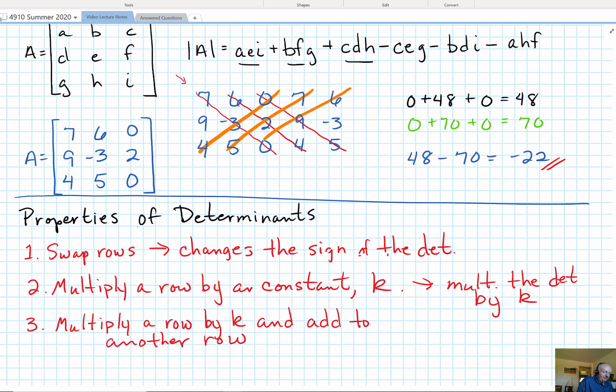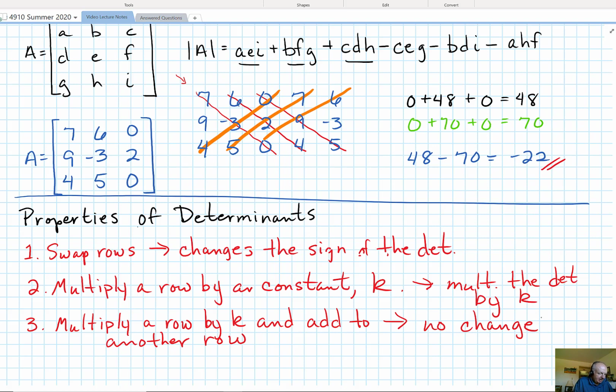So if I were to do that, you would think the determinant would change, but in fact, there is no change. The determinant remains unchanged. There's no change to the determinant. Now, again, that's supposing I only multiply one row and add it to another row.